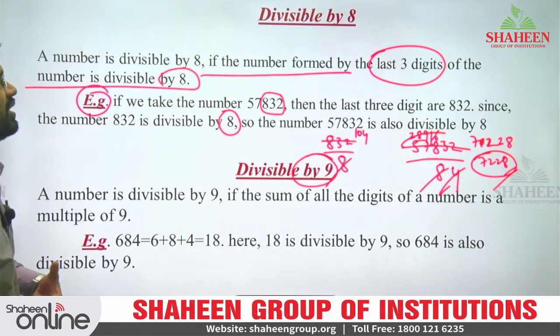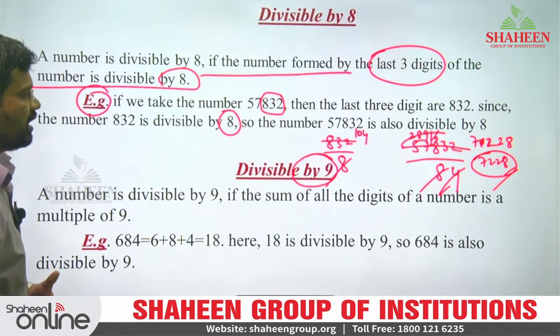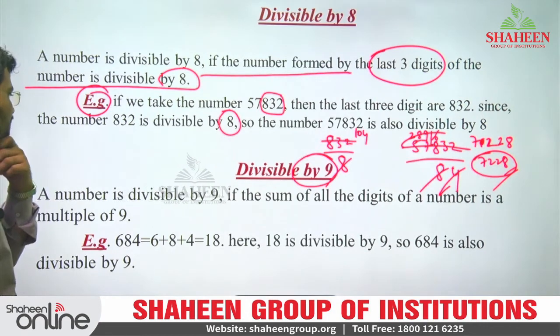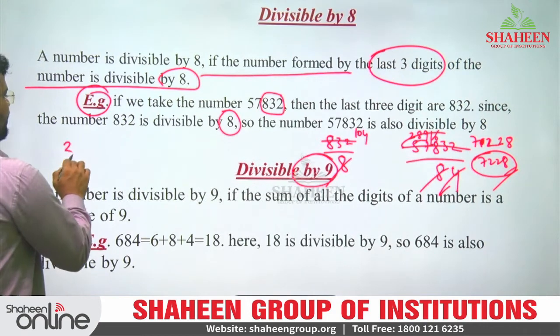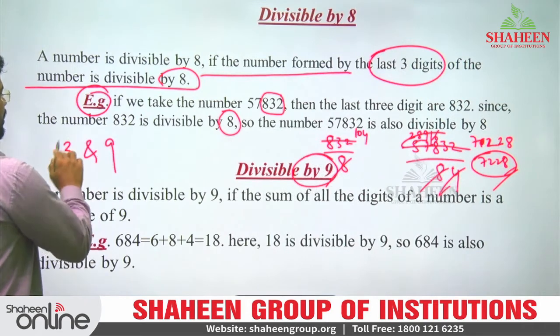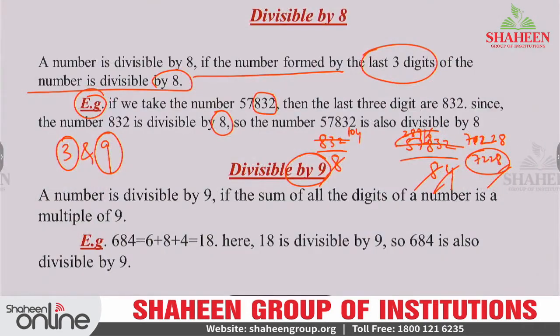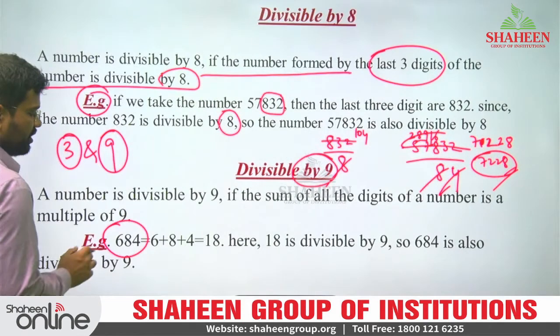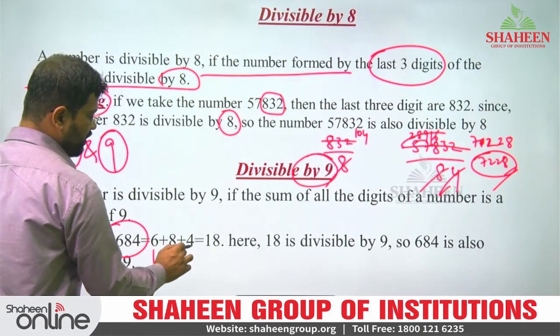Now when can we say a number is divisible by 9? Look here, the pattern for divisibility by 3 and 9 is the same. For example, 684: 6 plus 8 plus 4.